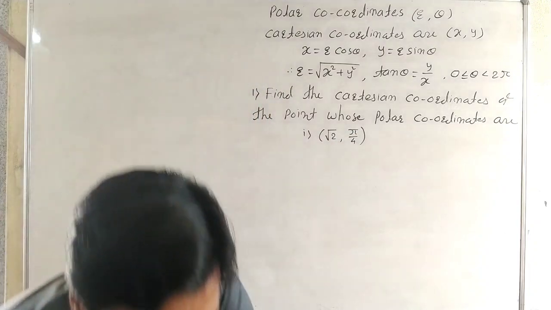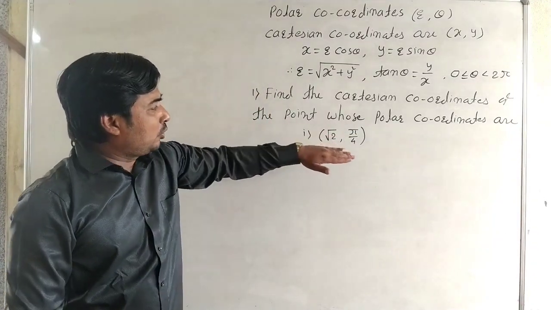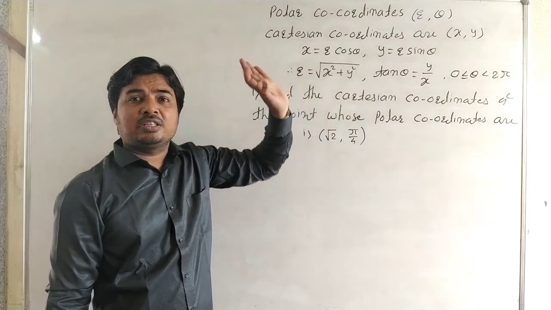Here the polar coordinate is given, and we want to find the Cartesian coordinate.